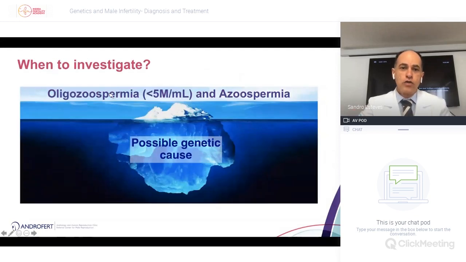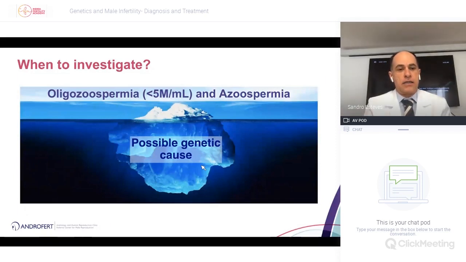If I have a patient with oligozoospermia, less than 5 million per ml, or azoospermia, you need to suspect a possible genetic cause behind that phenotype. So you need to think about the possibility of genetic conditions affecting male fertility in patients in whom you see a semen analysis report showing oligozoospermia or azoospermia.